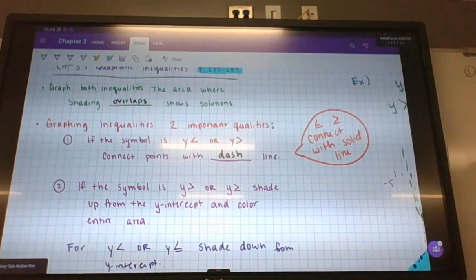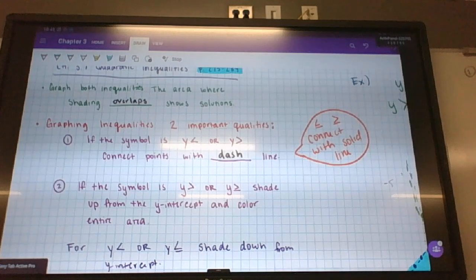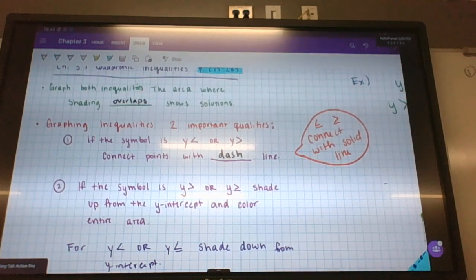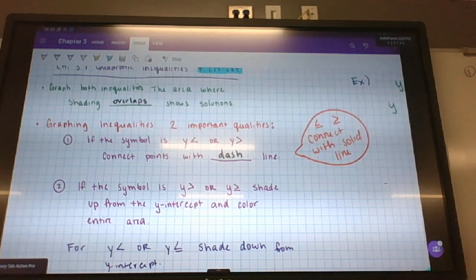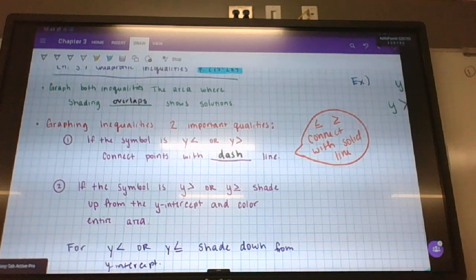Yesterday I zoomed through that graph, but I did try to remind you about slope, rise over run, y-intercept.